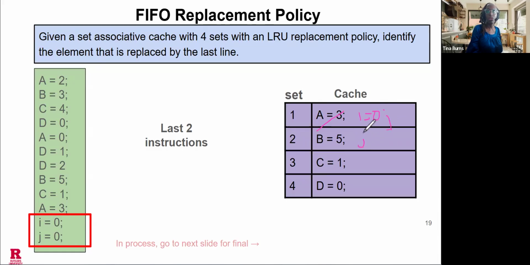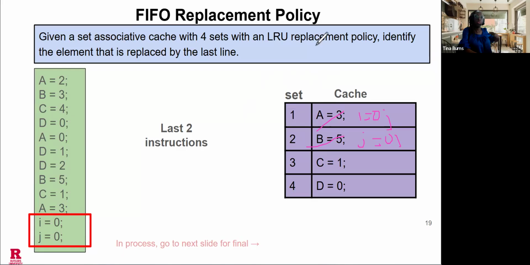And this is going to be second. J is equal to 0. If my cache is full, these are always going to be the elements that are replaced. It just represents the data within that cache. It's really easy to do this.